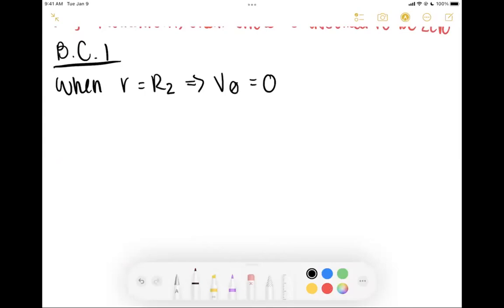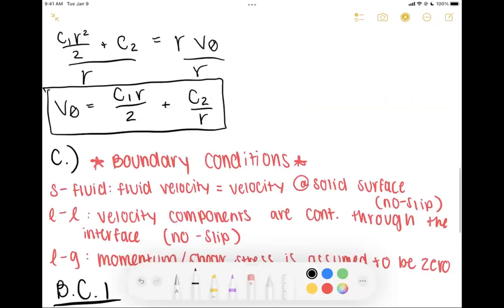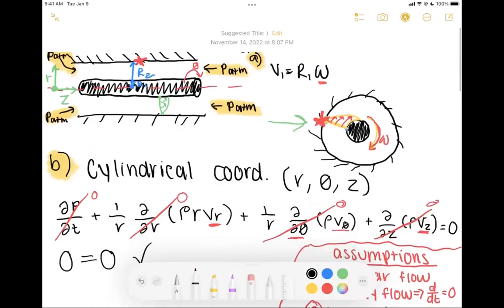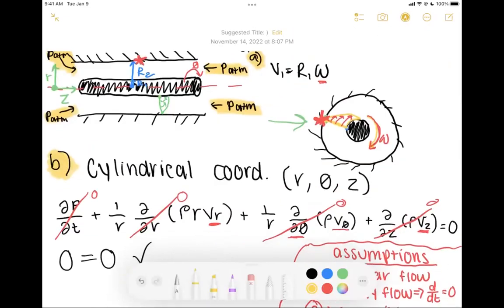The second boundary condition is going to be when r is equal to R1. I'll go back up to that picture. I'm going to draw a yellow star at this point here. We know that the solid cylindrical shaft in the middle is moving, and we know the velocity at that point. This was given to us.